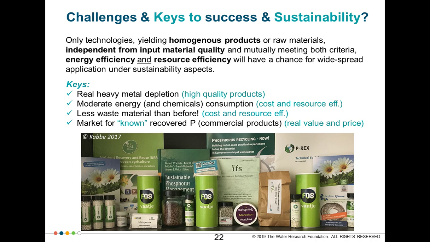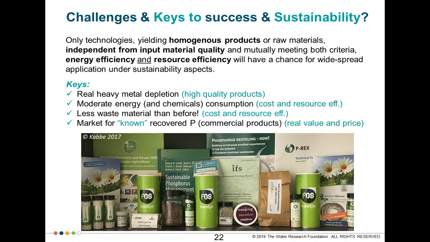So my conclusion in terms of technology approaches and market replication is, in the end, only technologies yielding homogeneous products or raw materials for other industries or processes, being as independent as possible from the input quality but guaranteeing a very defined output quality and meeting energy efficiency and resource efficiency, will have a real chance for widespread application if it comes to sustainability aspects.